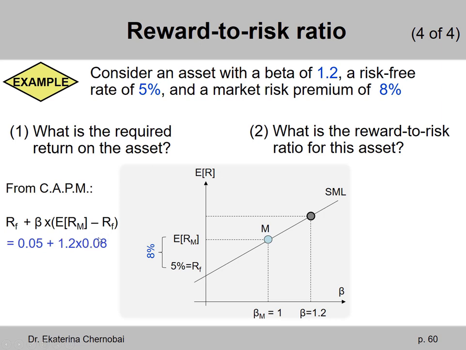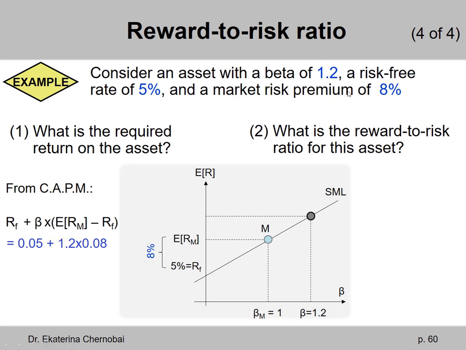So why did I not subtract the risk-free rate of 5%? Because the market risk premium is the difference between the expected return on the market and the risk-free rate. So we are given the entire term in the parentheses in our formula, rather than just one part of it, the expected return on the market. So wording is important.